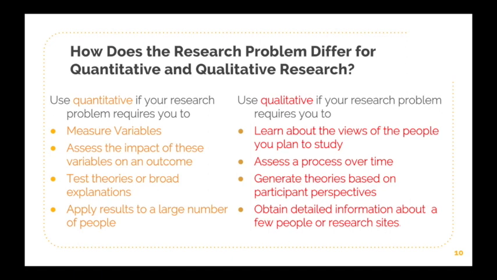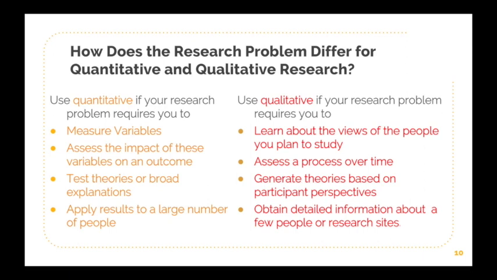And in qualitative research, point one is to learn about the views of the people you plan to study. You collect data on the views of the people, by asking and through their answers. And point two is to assess the process over time.